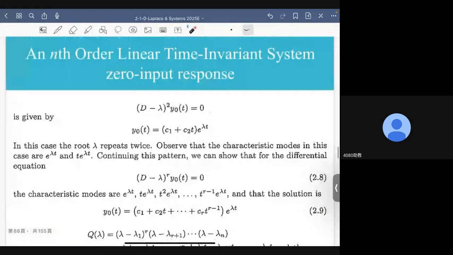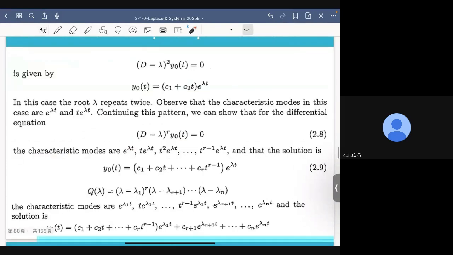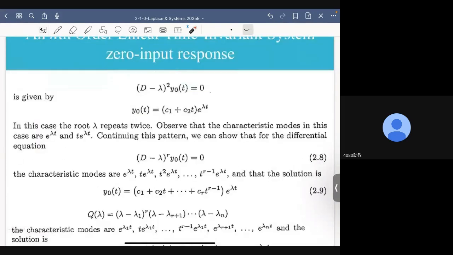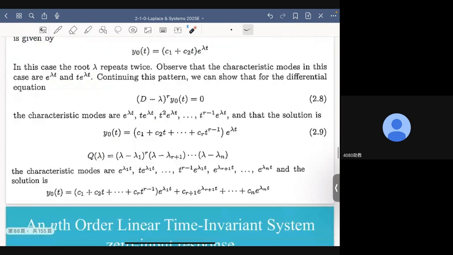Now in this case, the root lambda repeats twice, so what we have here is repeated roots. Let's say it repeats more than 2 times, r times, like this. Then, in engineering mathematics, we all know that the solution to this ordinary differential equation should look like this.